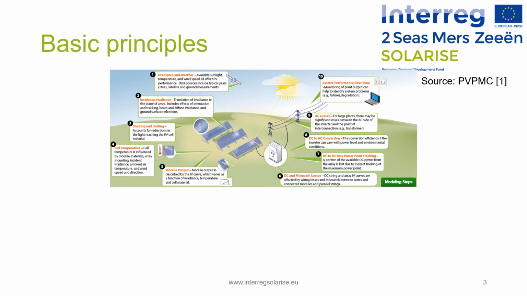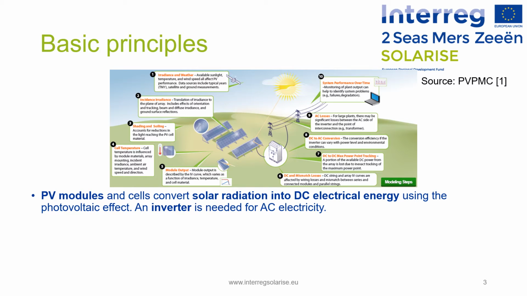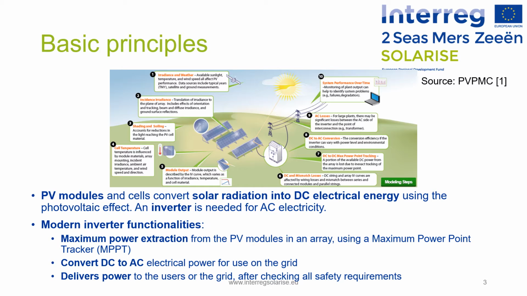So the basic principle of photovoltaic systems is that solar panels convert solar radiation into DC electrical power using the photovoltaic effect. Then an inverter is needed to convert that to AC electricity. A modern inverter has multiple functionalities.